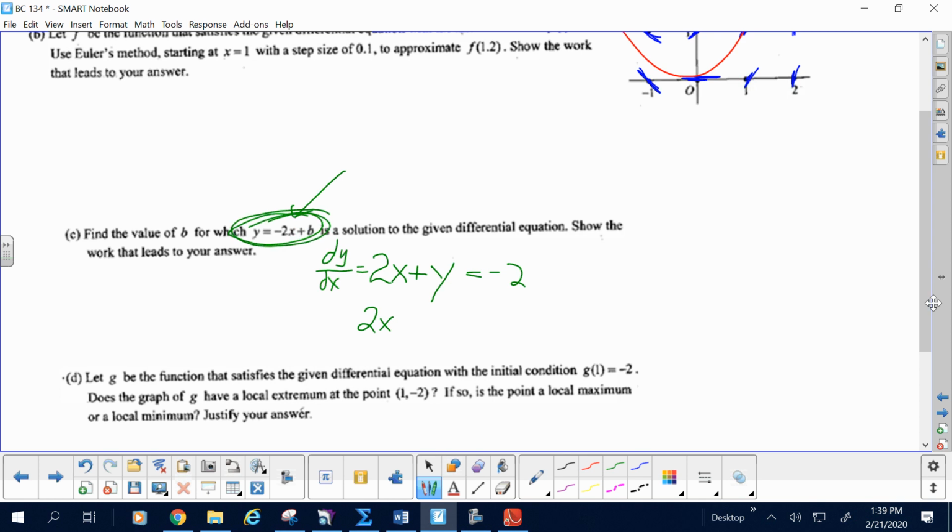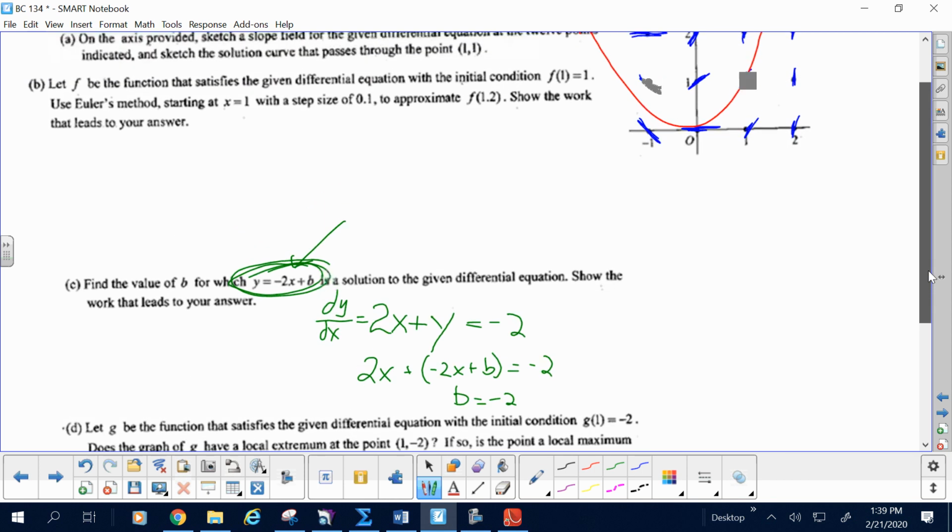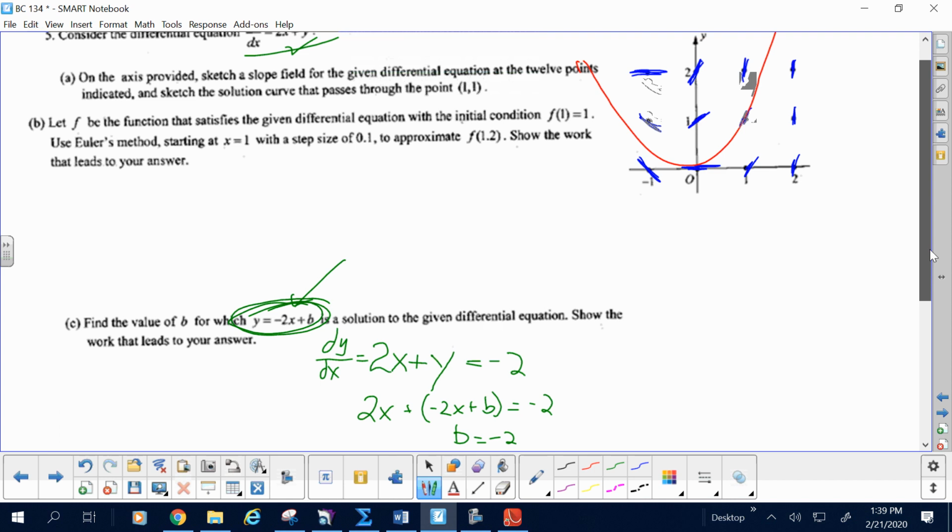Y is equivalent to negative 2x plus b. Yeah? Well, that means that b has to be negative 2.